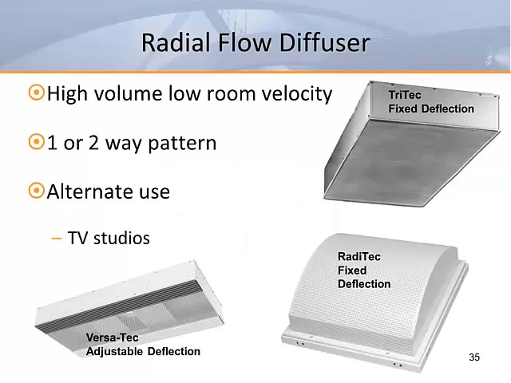There are several styles of diffusers available for radial flow applications. The Tritech design is a fixed deflection available either with a one-way or a two-way discharge, which mounts nearly flush with the ceiling.